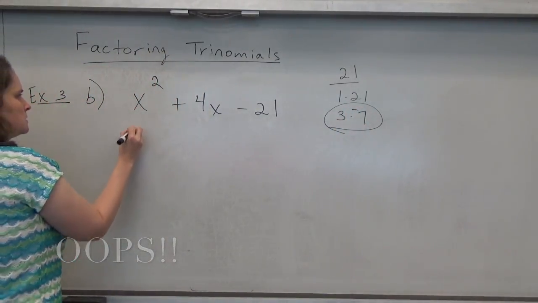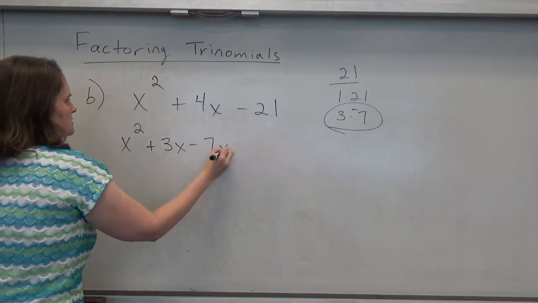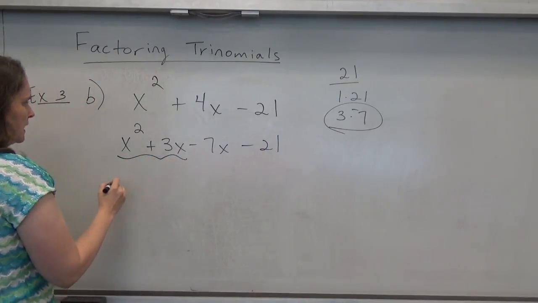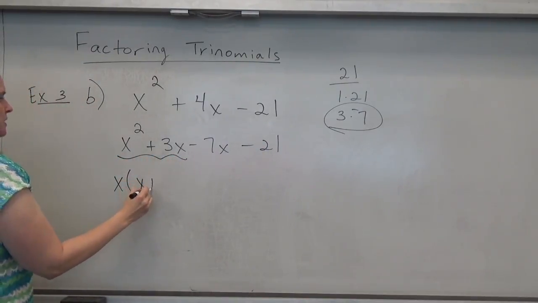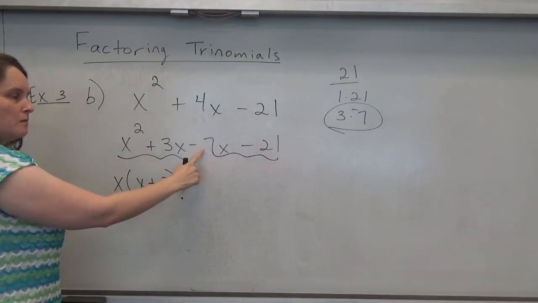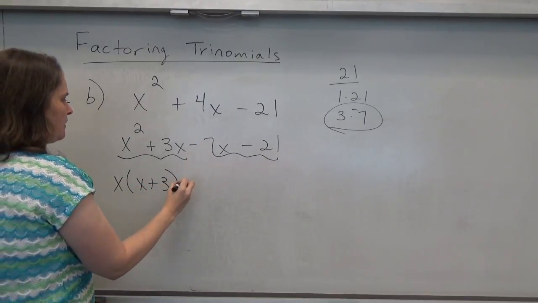Hi guys, sorry about that. I just caught a mistake. That should be a positive 7 and a negative 3. So it should say x squared minus 3x plus 7x minus 21. And then when we factor, we're going to factor out a common factor of x, parentheses x minus 3.